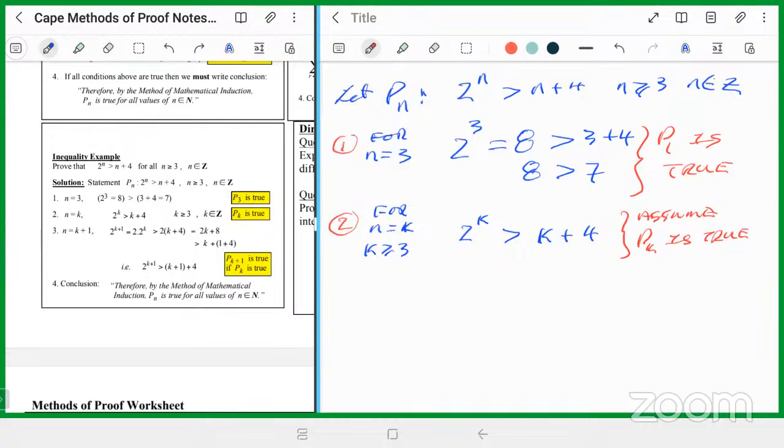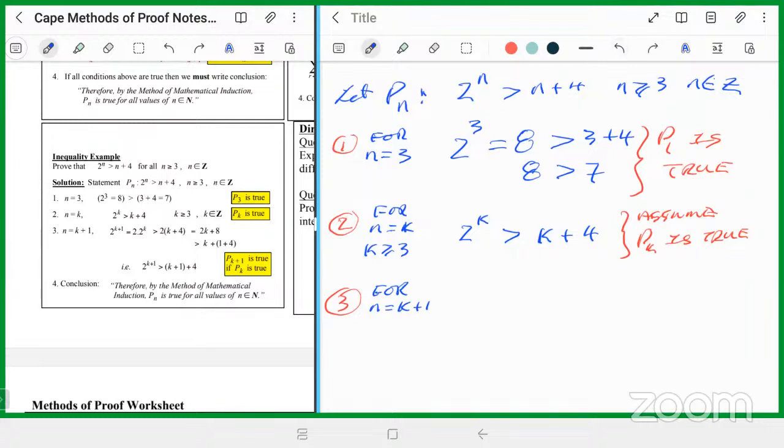All right, step 3. And remember this. This is now for n equals k plus 1. So you're taking this k plus 1 and dropping it up here first. But the important thing is that you don't put the inequality part yet.